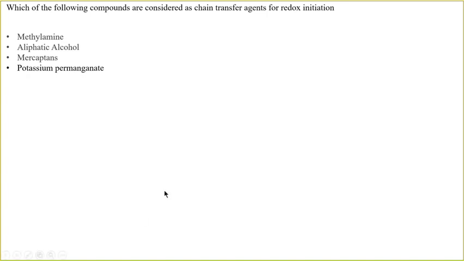So amongst these, the popular chain transfer agents for redox initiation are methylamine, aliphatic alcohols, and mercaptans. This is because they are able to initiate the higher state of ions and other initiating species also by promoting the radical formation.